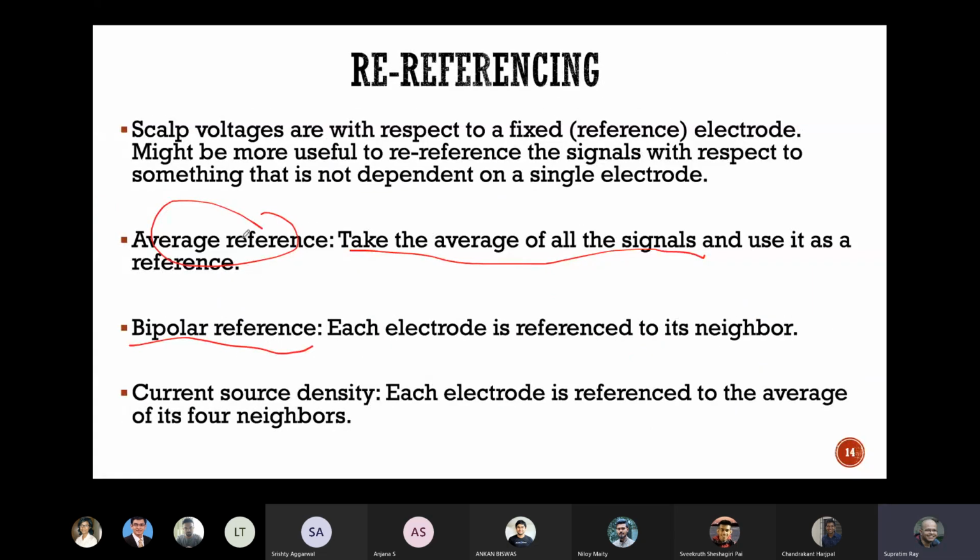So these are two popular schemes. In fact, average reference is the most popular one. Bipolar is useful for looking at gamma oscillations, for example. And then there is another reference scheme called current source density, or CSD, where you average the neighboring 4 electrodes and reference to that.